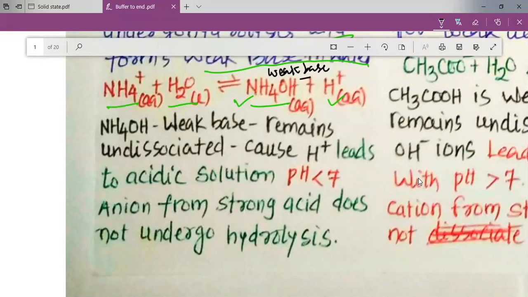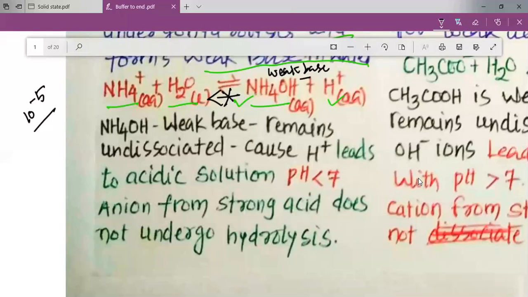And we know that weak base ionizes in a very small amount, very partially. The Kb for this is of the order of 10 to the power minus 5. So this NH4OH does not dissociate to give NH4 plus.